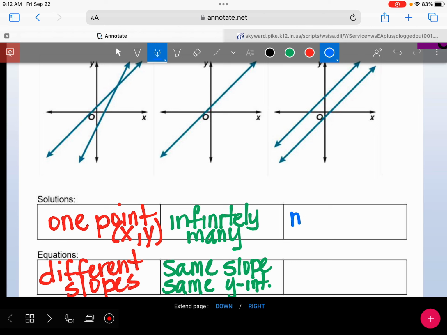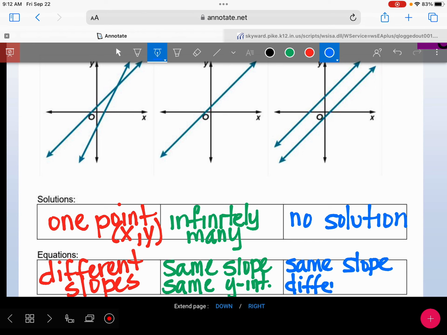And then lastly, it would be no solution. And that's when you have the same slope, but a different y-intercept.